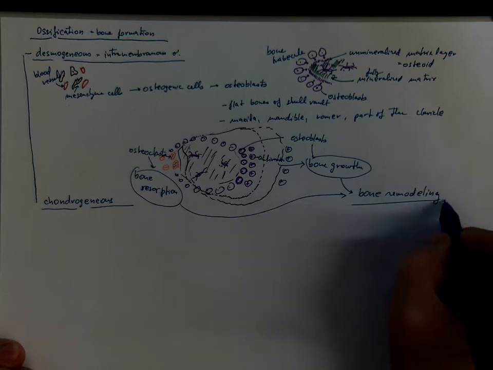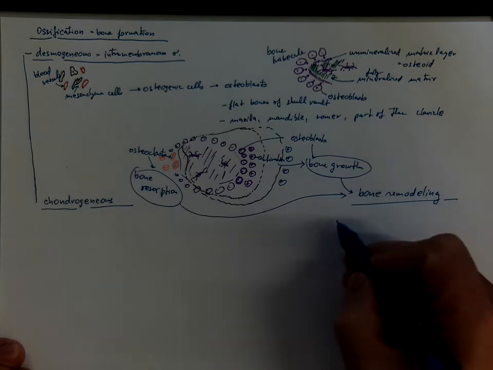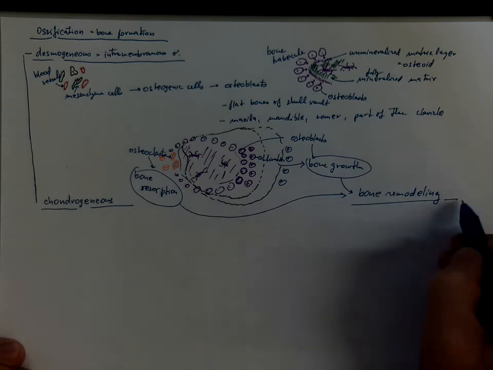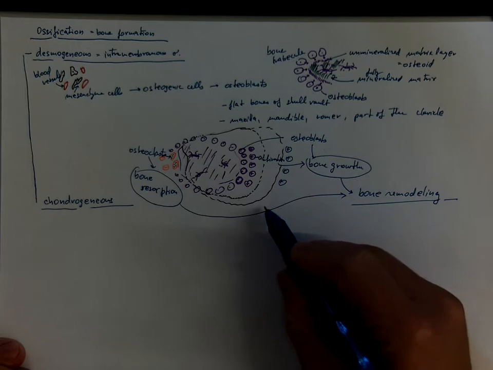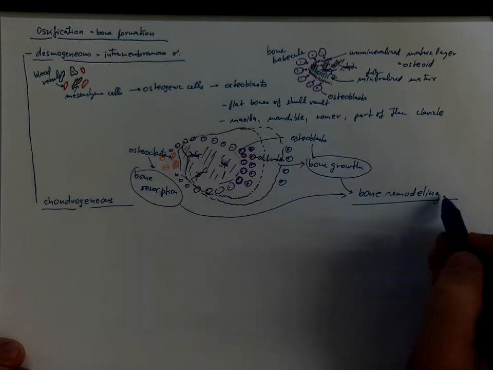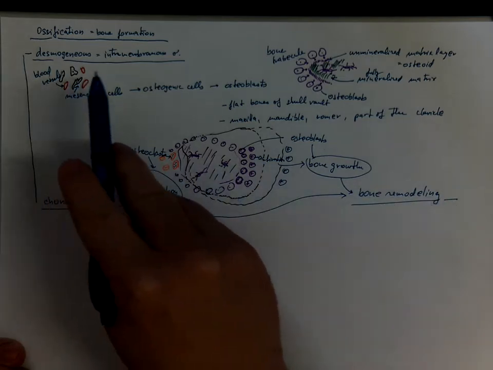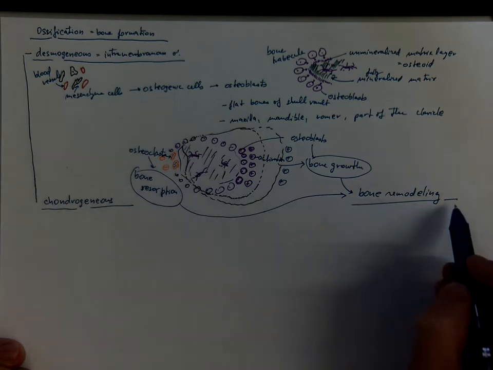The bone remodeling is a constant, never-ending, omnipresent process in the bone tissue that starts with the bone formation during ossification and carries on during the whole life.